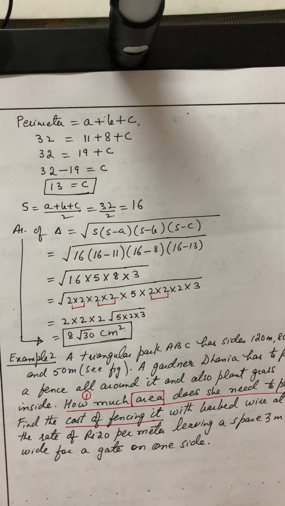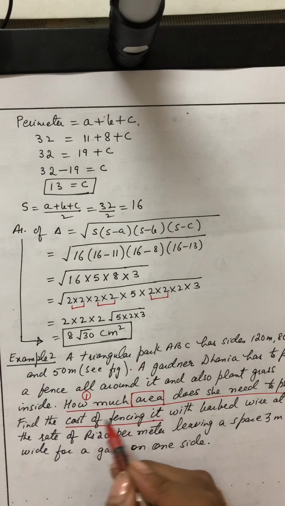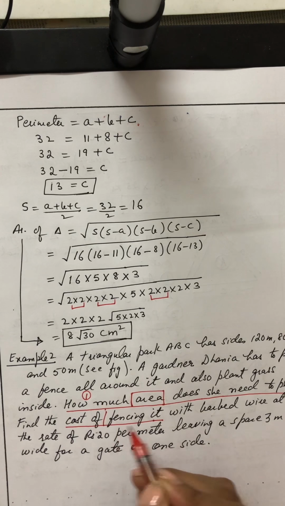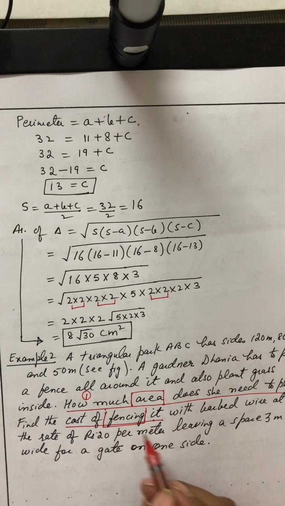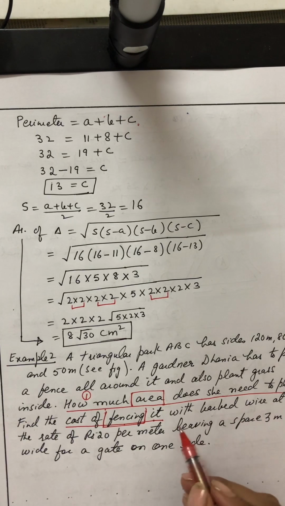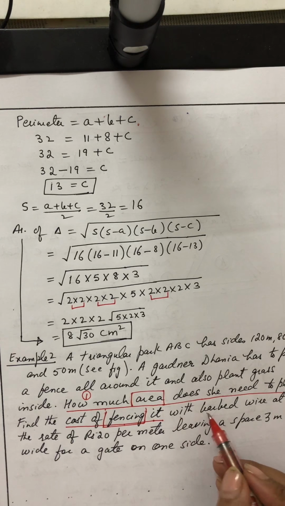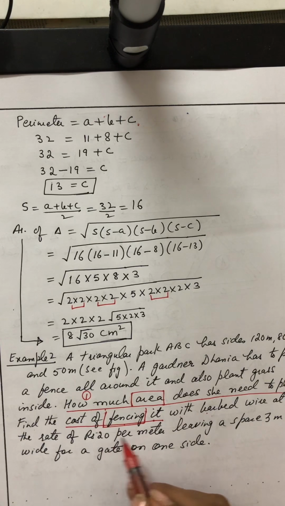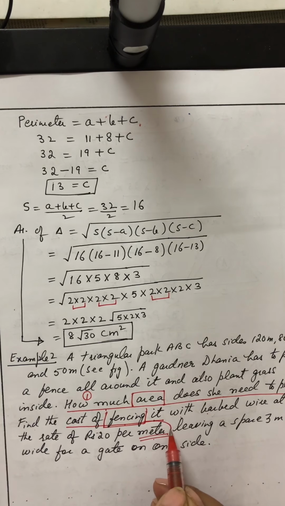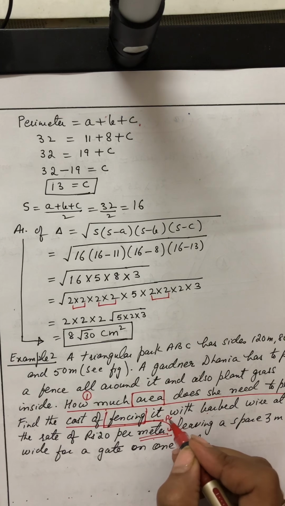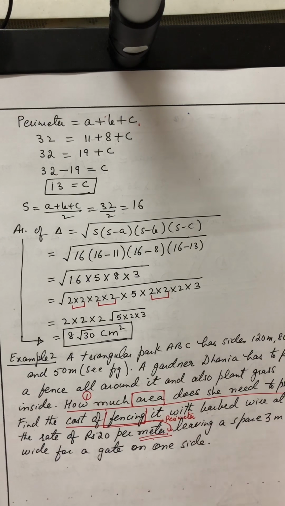When they say cost of fencing, it means first you will have to find out how much fencing has been done, and fencing is related to the rate, with barbed wire at the rate of ₹20 per meter. It means for fencing you have to find the perimeter.